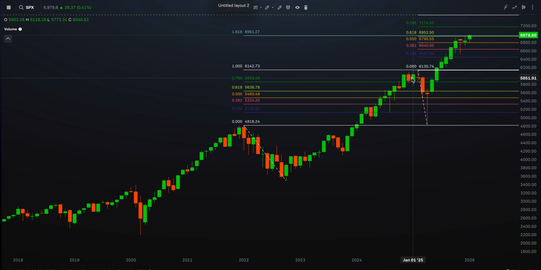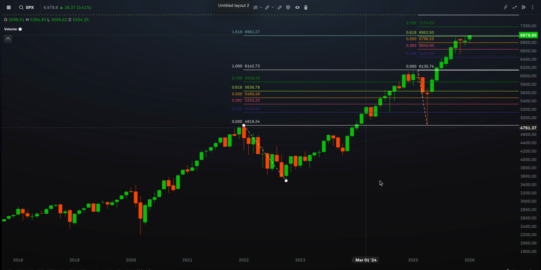As we see in the past, this level acted as a major resistance for the S&P 500, and once it tagged in Jan 2025, it retraced all the move back to the previous highs.